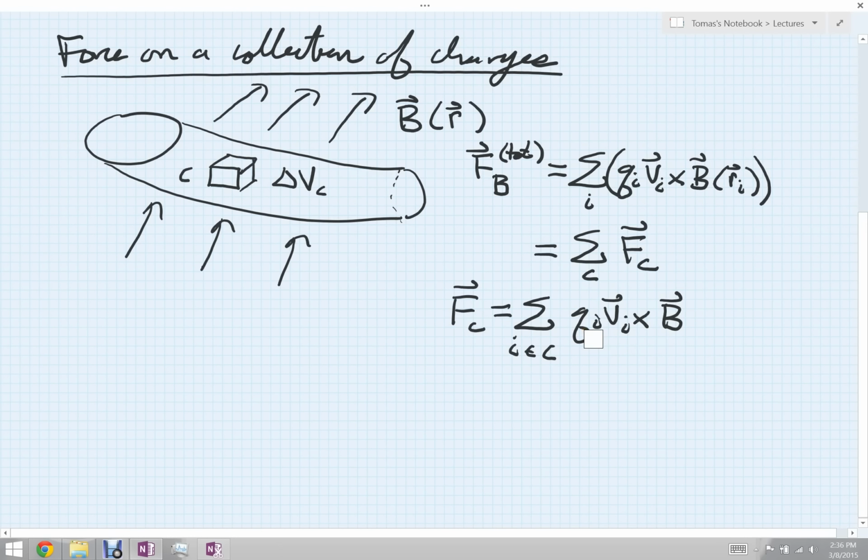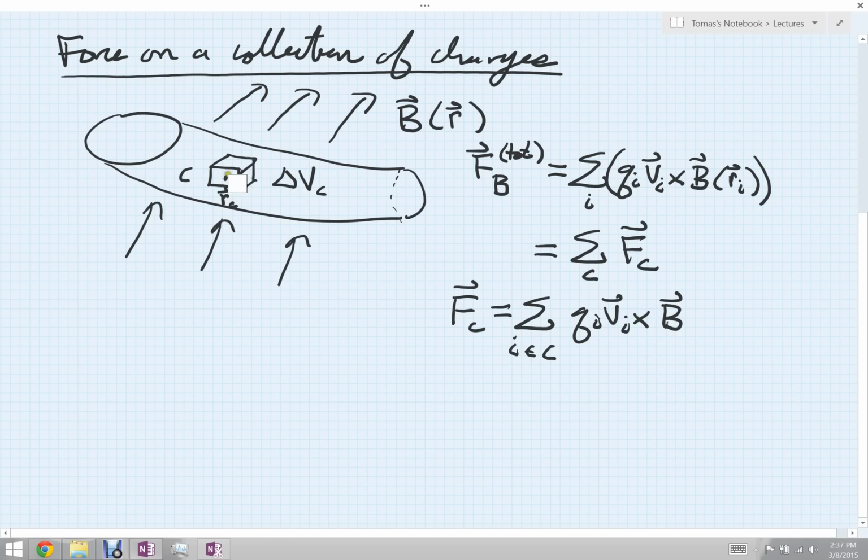Now here is where I'm going to make my first mathematical manipulation. Eventually I'm going to take the limit where these chunks vanish. They're going to become super tiny, squished down around a single point. So here I'll draw a little point that I'm going to shrink this chunk down to. I might call the location of that chunk R sub C. As the volume of the chunk shrinks down to that single point, all the particles in this chunk are sitting at exactly one point in space, and therefore the magnetic field that they all feel will be exactly the same.